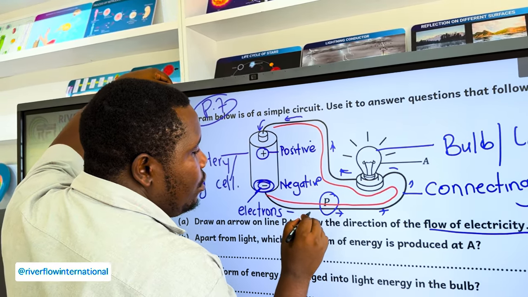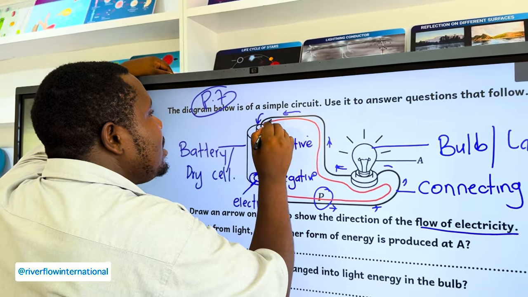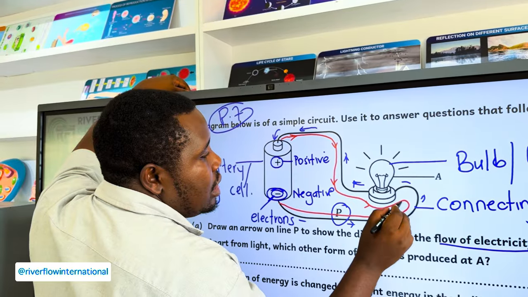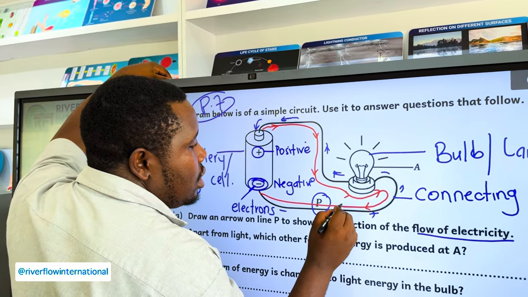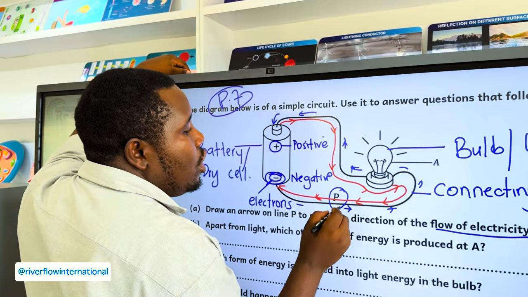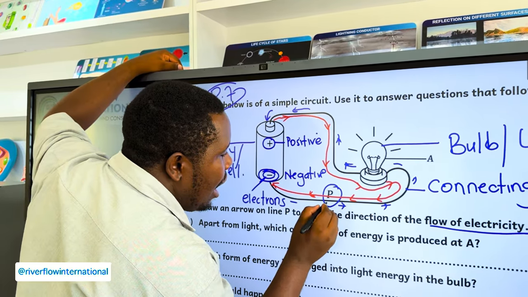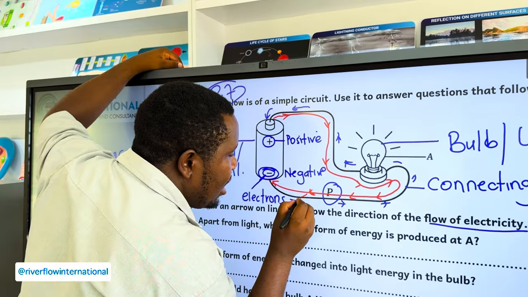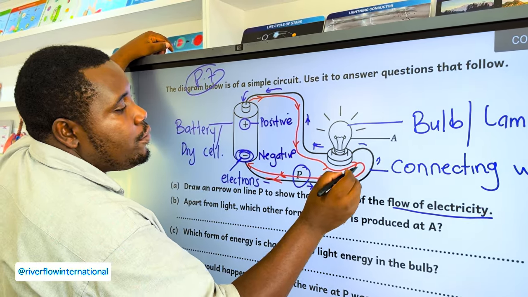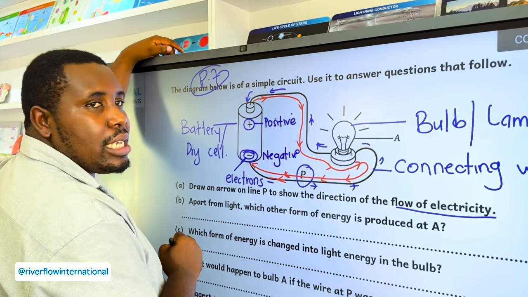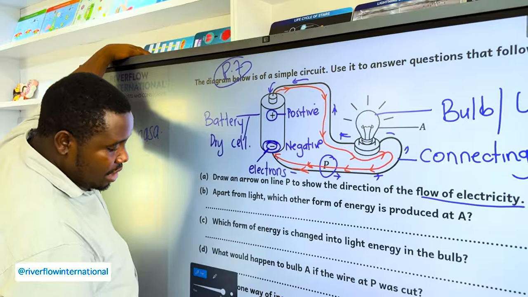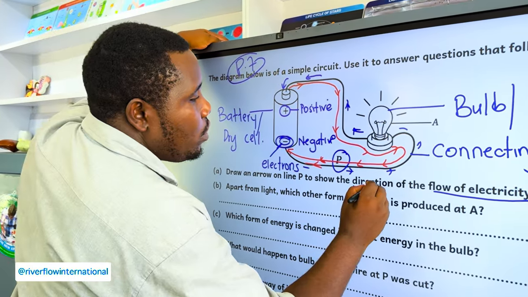Since electrons are moving like this, it means electricity will be moving in this direction, just the opposite. It will move in the opposite direction to the electrons, which means I'm going to come on wire P and I put an arrow coming from the bulb facing the negative terminal of the dry cell. Now, this one we have finished.